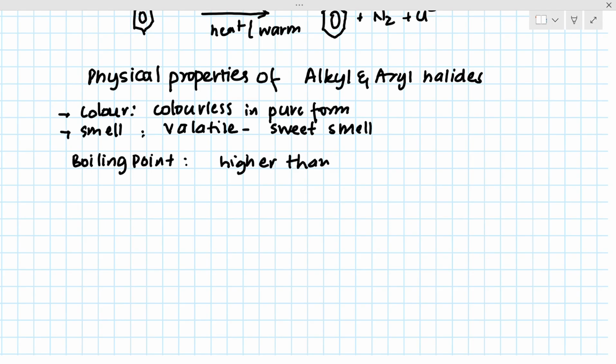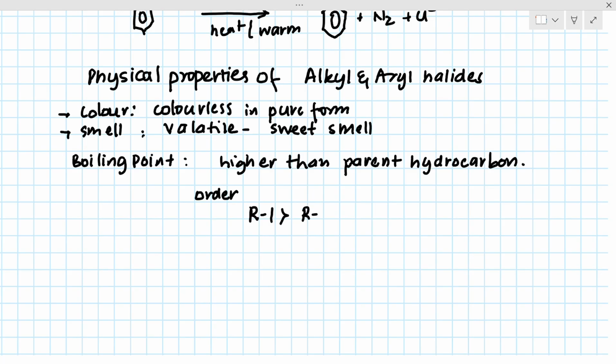What is higher than the parent hydrocarbon? Parent hydrocarbon is the alkane group, alkyl group or aryl group that is present with them. So it is more than them. And the order of boiling point is R-I has more because the bond length is more and also the halogen size is more.